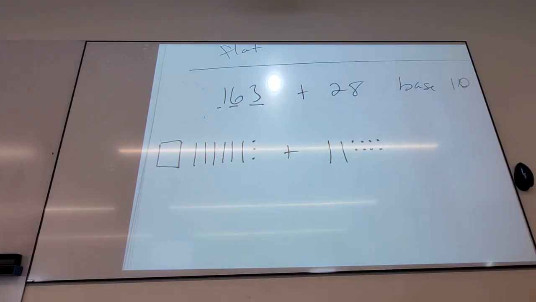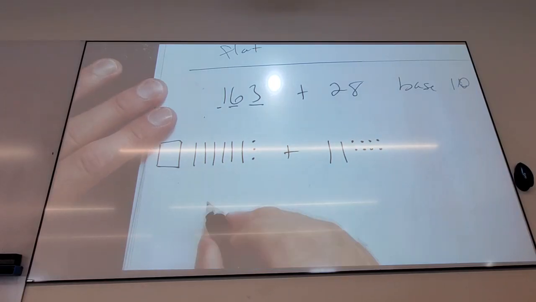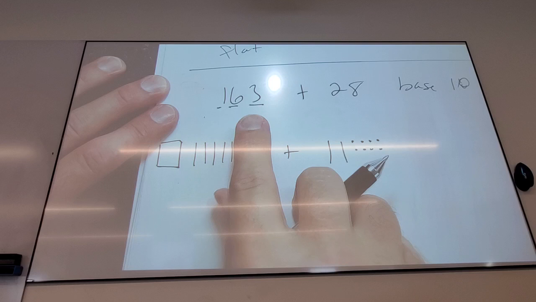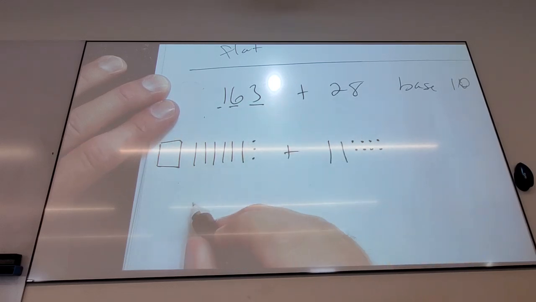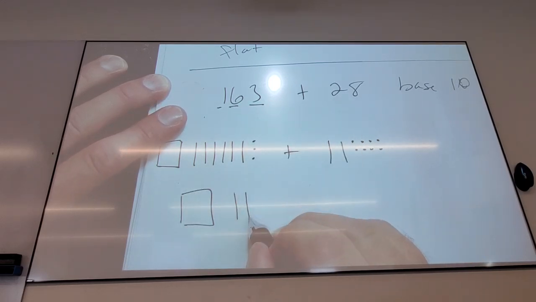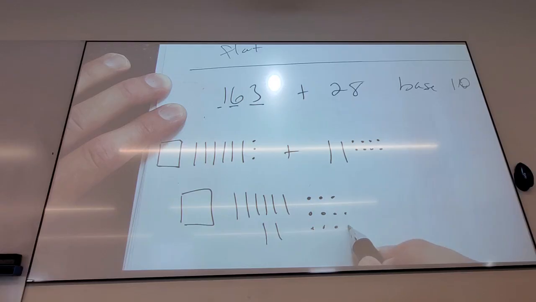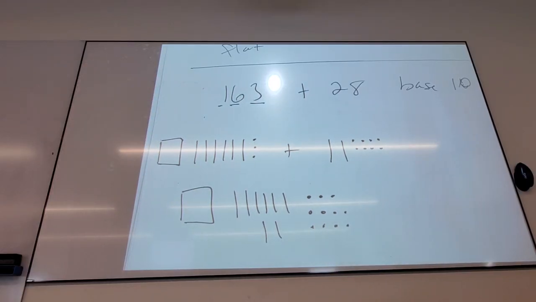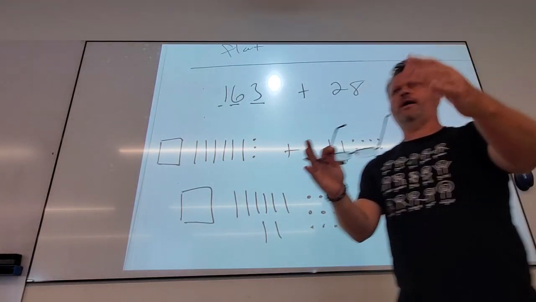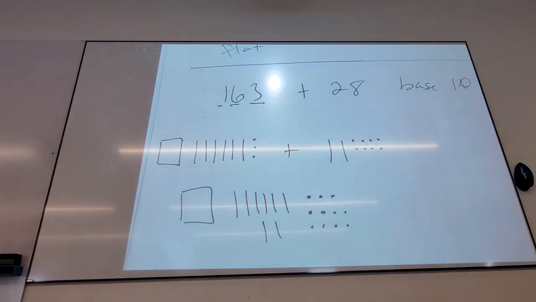Now when I do that, it kind of feels like a combination of Mayan and whatever. But if I'm going to add these together, I could literally just draw all that stuff. If I add these together, which represents adding 163 to 28, I'll have one flat, 1, 2, 3, 4, 5, 6 plus 2 longs, and then 1, 2, 3 plus 8 units. Is that okay? So I can just kind of scoop them all into a pile, which is what you guys are going to be doing later with the actual pieces.